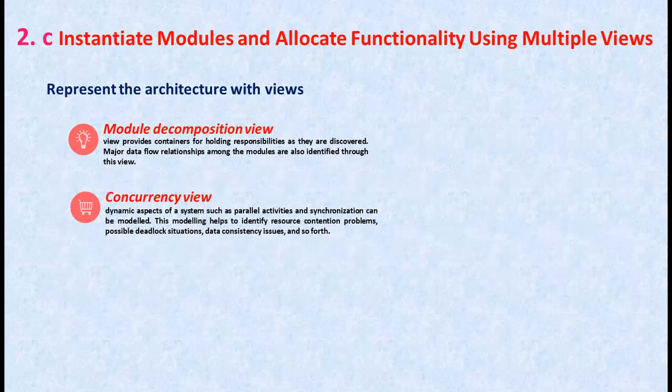Modeling the concurrency in a system likely leads to the discovery of new responsibilities of the modules, which are recorded in the module view. It can also lead to the discovery of new modules, such as a resource manager, in order to solve the issues of concurrent access to a scarce resource and the like.